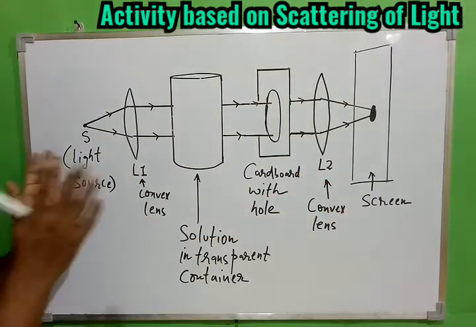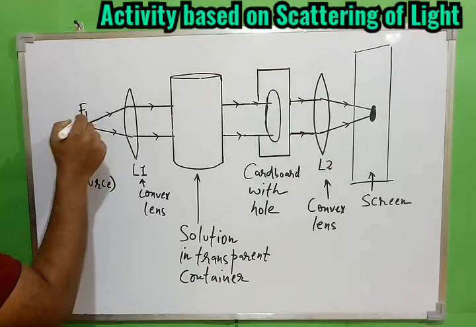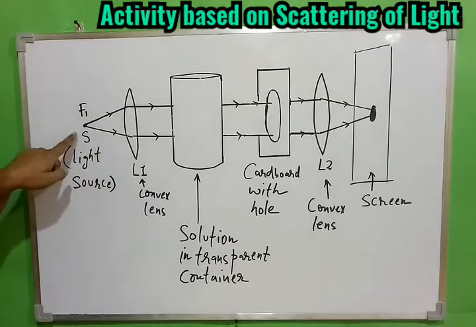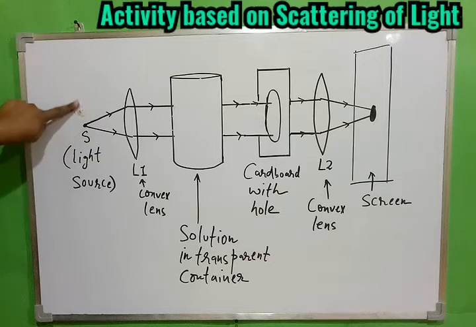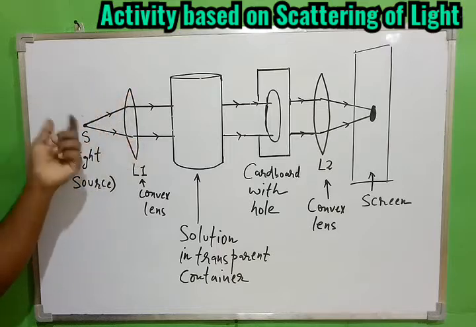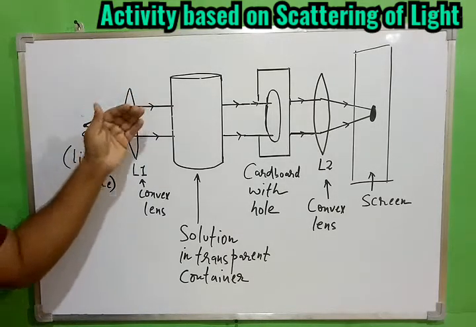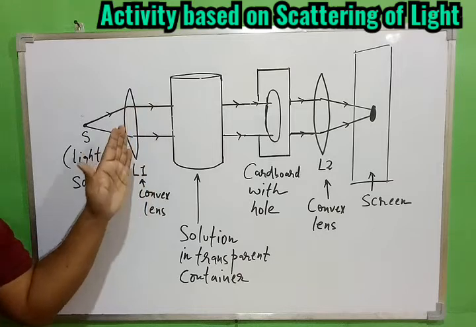This is how we have to do the setup: very first we have placed the light source, that is S, at the focus of this convex lens. And you know, if the light source is placed at the focus, then once the light comes out from the point, it will become parallel to the principal axis after passing through the convex lens.